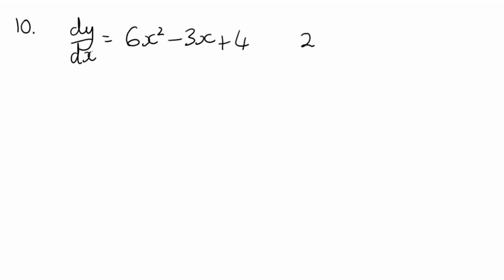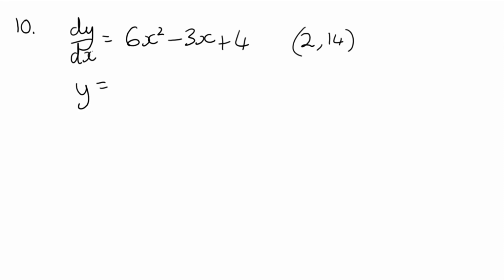On to question 10. dy by dx equals 6x squared minus 3x plus 4. And we know the coordinate x equals 2 when y equals 14, so I'll just pop that at the side. Right, we have to express y in terms of x.